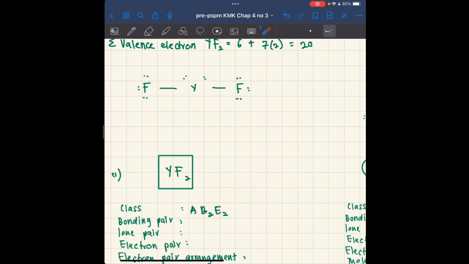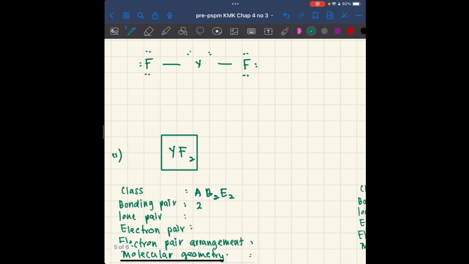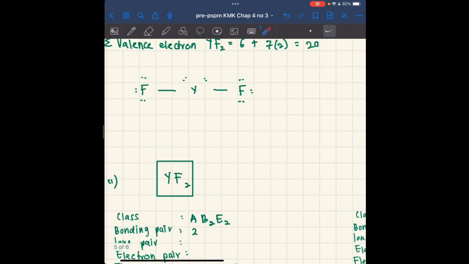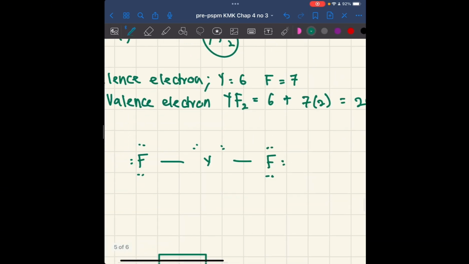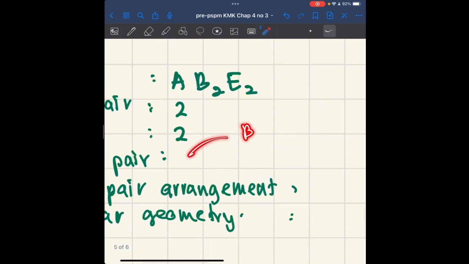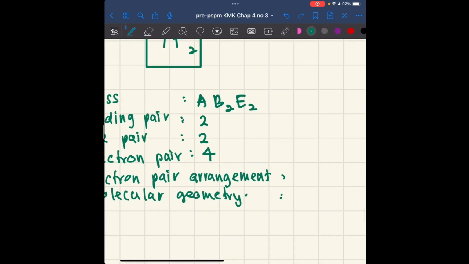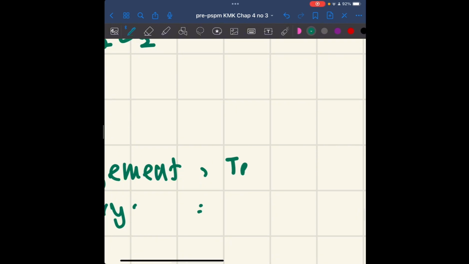So B2, the bonding pair is 2, and E is 2, the lone pair is 2. The total electron pair is 1, 2, 3, 4. Electron pair is bonding pair plus lone pair. We got 4 here, so the electron pair arrangement is tetrahedral.